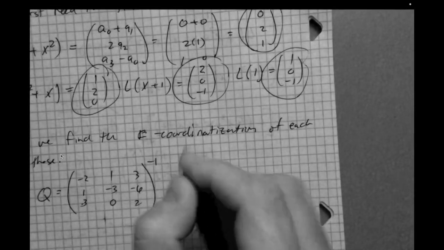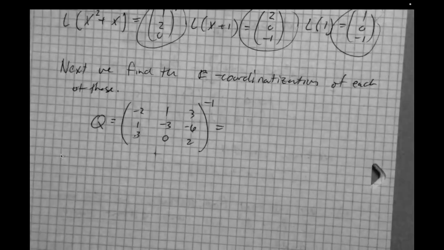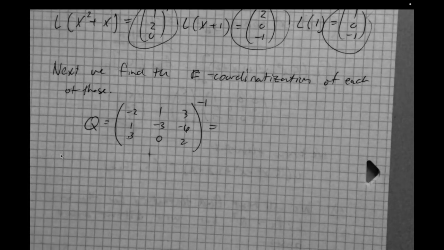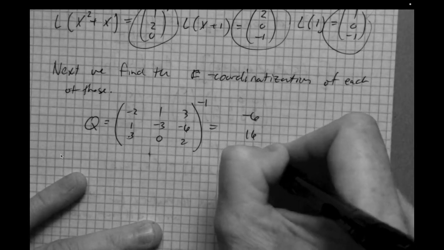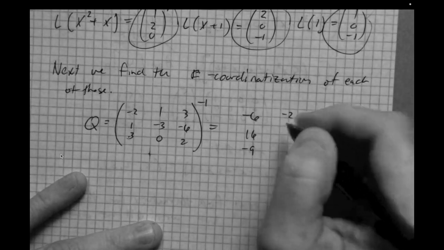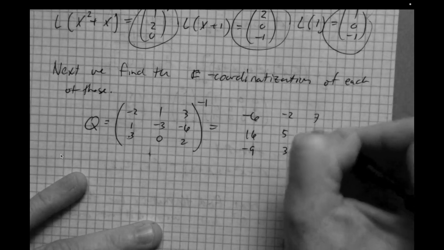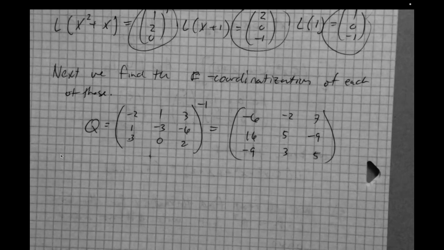You can do a little bit of work: plug this into an augmented matrix and identify the inverse. It's not too difficult to find. When you do, what you get is negative 6, 16, negative 9, then negative 2, 5, 3, and 7, negative 9, 5. All right, so that's Q.